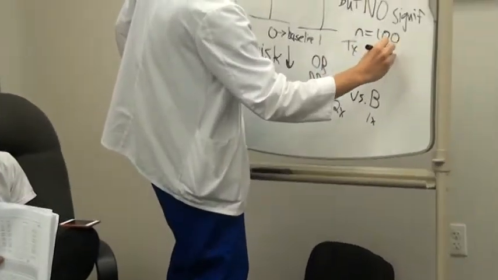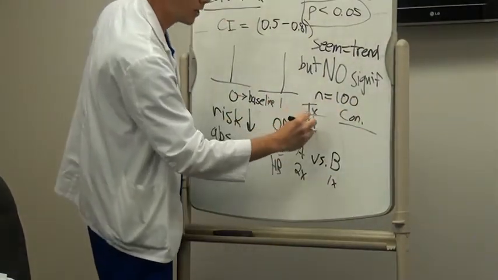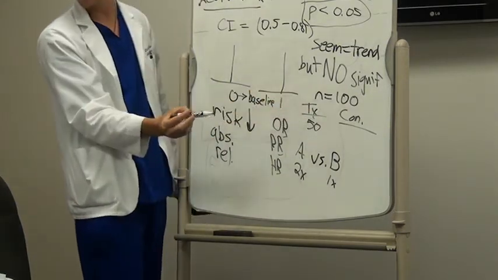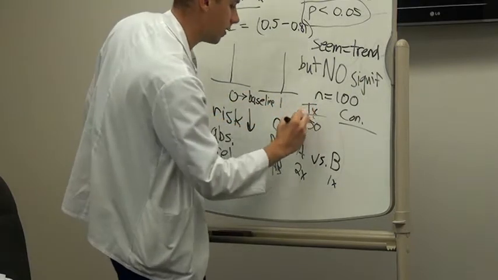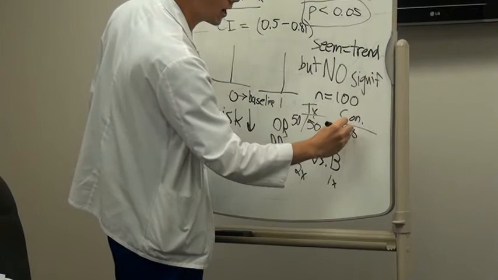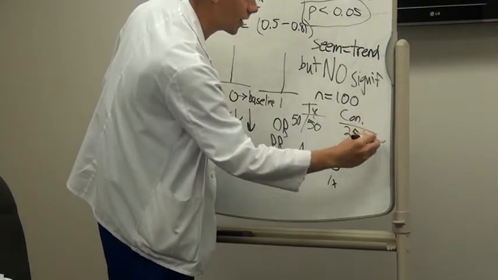You have treatment, you have control, right? 50 people in the treatment get it. So if you have 100 and 50 got it, how many did not get it? 50. All right. 50 got it, 50 didn't get it. In the control, 25 people got it, 75 did not get it.